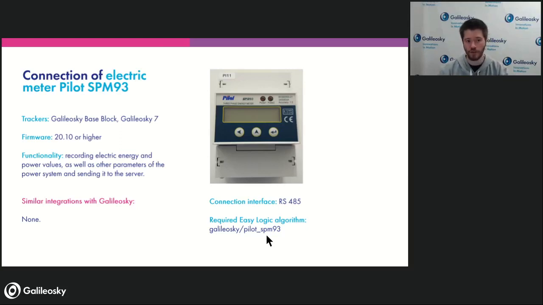So basically, our tracker in this chain is just a retranslator of data received on the electric meter or counted on the electric meter while sending it to the server for further analysis, investigation, and so on.